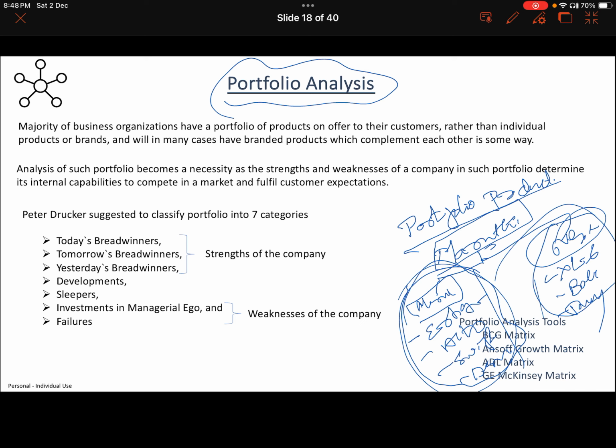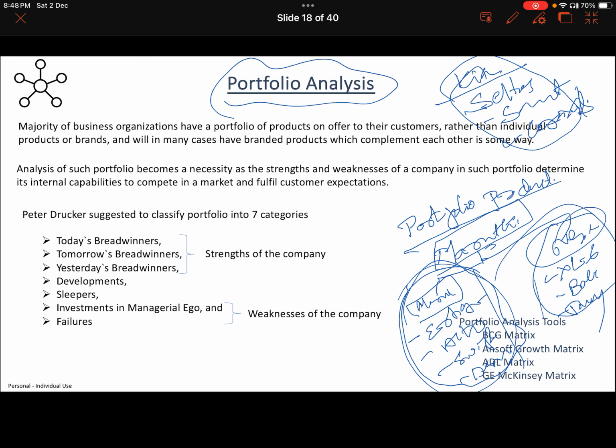Same way for Kia cars, we have Seltos, Sonet, Carnival. Now they closed it. Carens. So these all are products, or it is a portfolio of products of Kia.